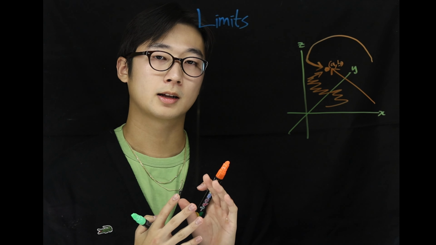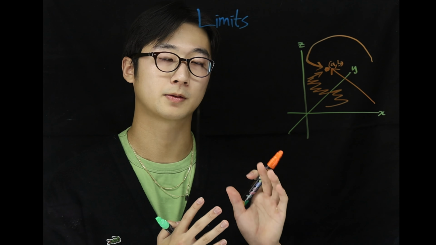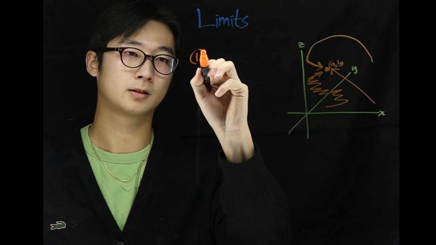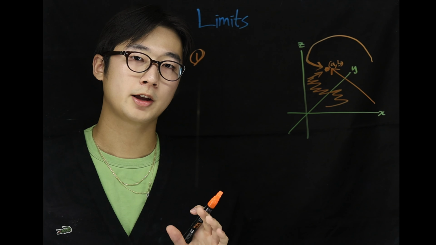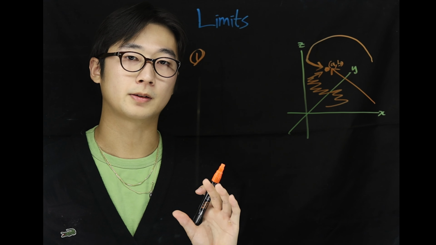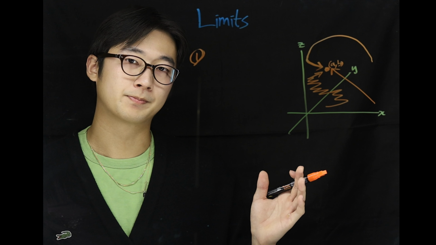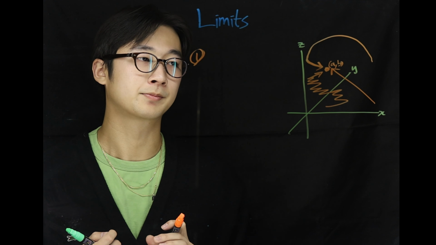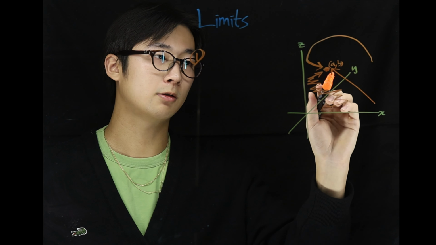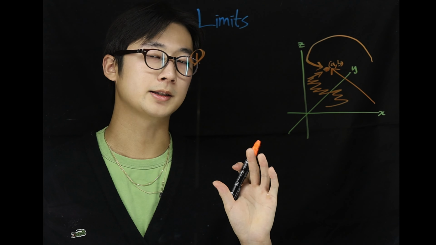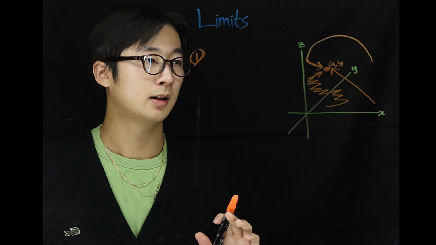There are two ways to see whether the limit exists or not. First, to show the limit doesn't exist, you just need to show two different limits on two different paths. Does that make sense? You just need to show the final height, or z value, is not the same from two different directions.